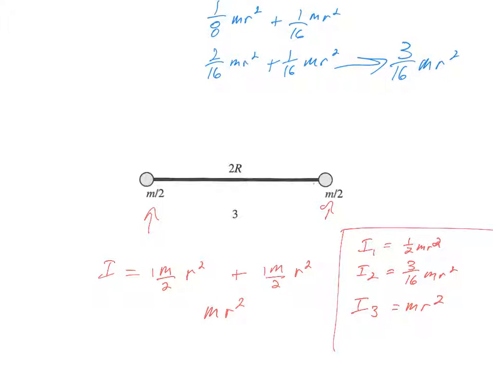Wasn't I supposed to rank them in order or something? From largest to smallest. So the largest would be I3 is greater than, what's larger, 1/2 or 3/16? 1/2 is larger. And the smallest one is I2. Boy, that was a lot of work, wasn't it?